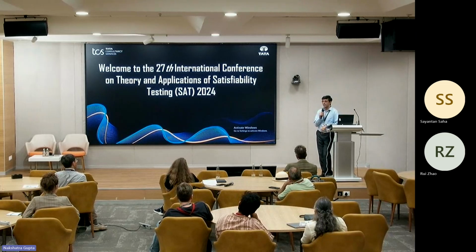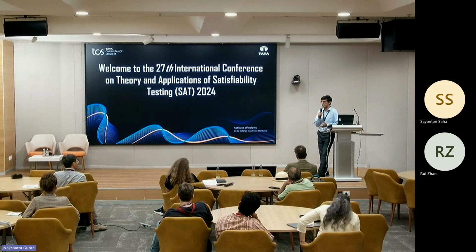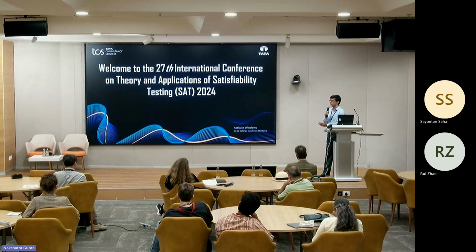See, one unique advantage of TCS is that we work for the majority of Fortune 500 companies. And because of that, we are very close to the real problems. So one major thing we do as part of our research activity is problem discovery. We talk to a number of customers, our business teams, analysts, and that really helps us identify problems that have a lot of real world relevance.